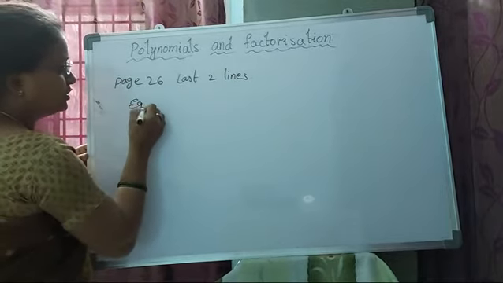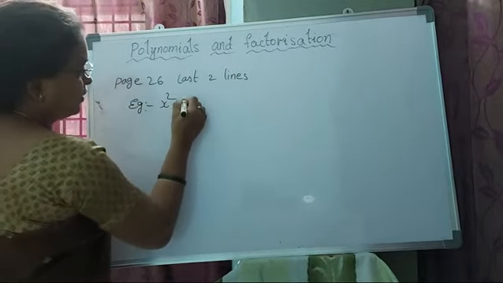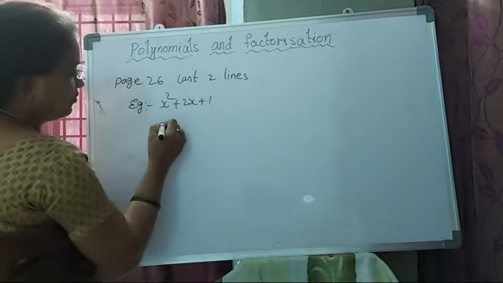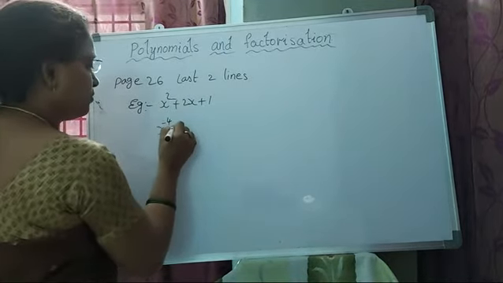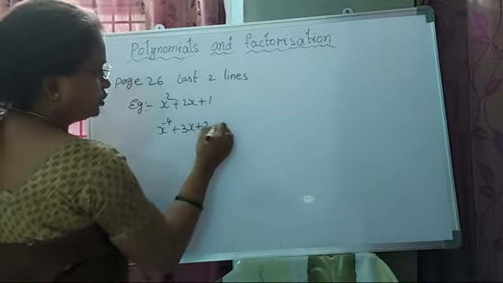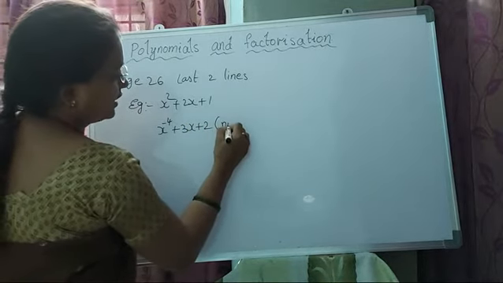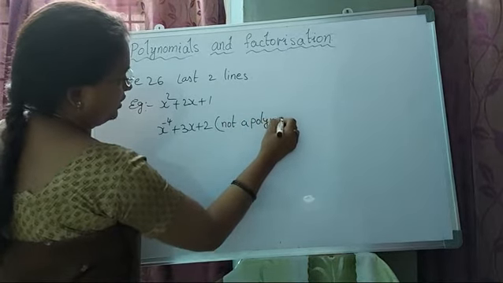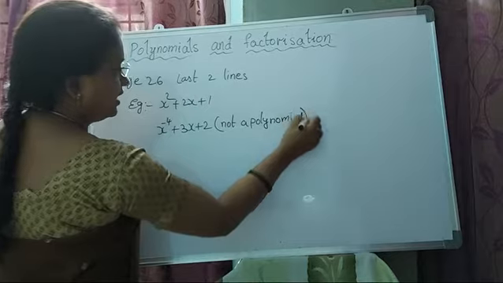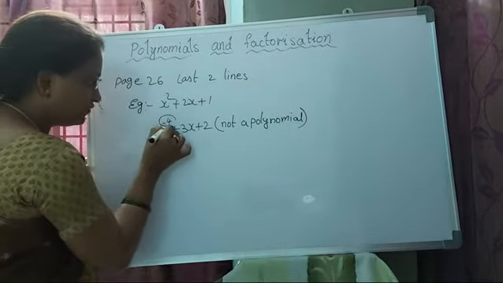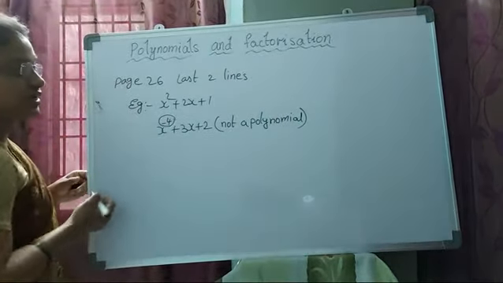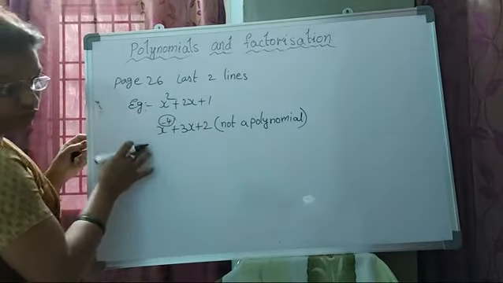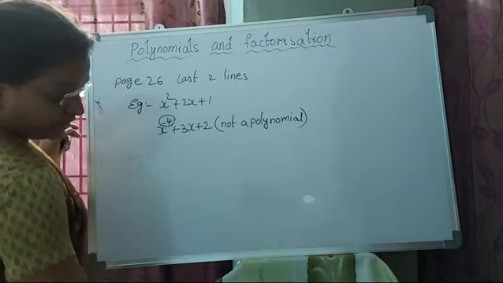And examples, you write x square plus 2x plus 1, and x power minus 4 plus 3x plus 2, not a polynomial. You round off this one, then you can say that it is not a polynomial. Last two lines you have to write. After that example, this one, not a polynomial. Two examples.